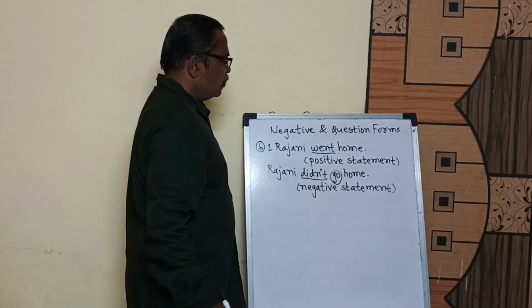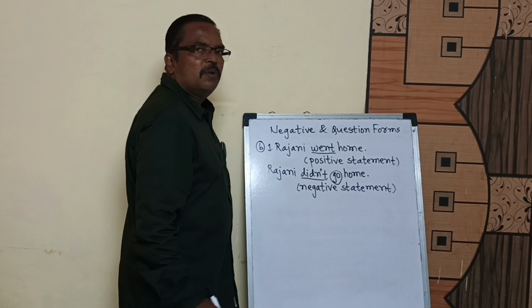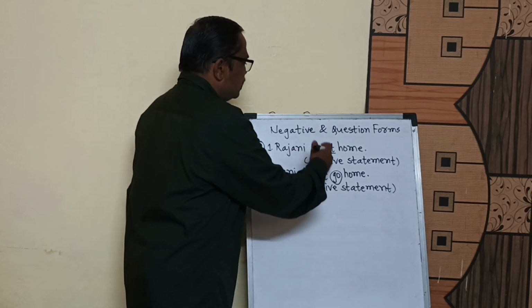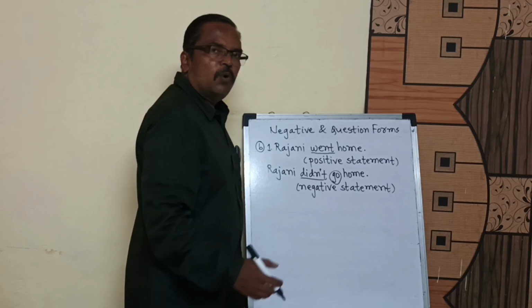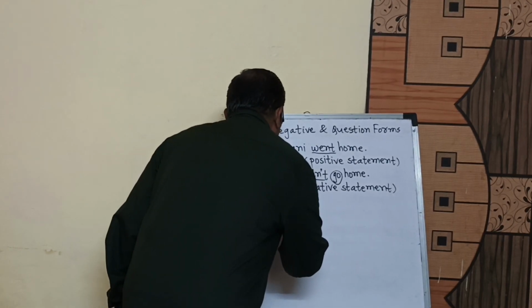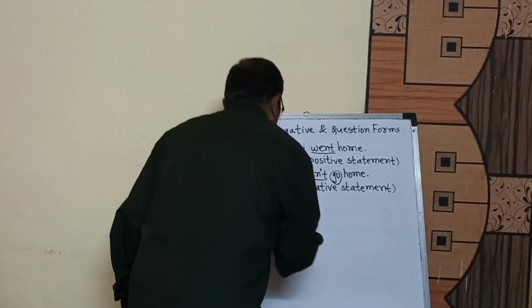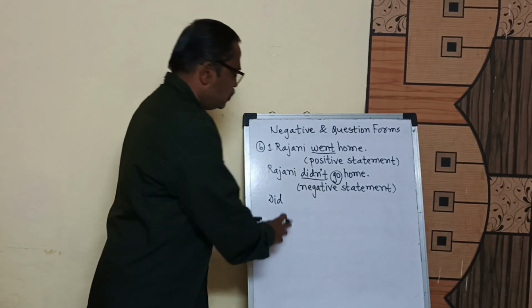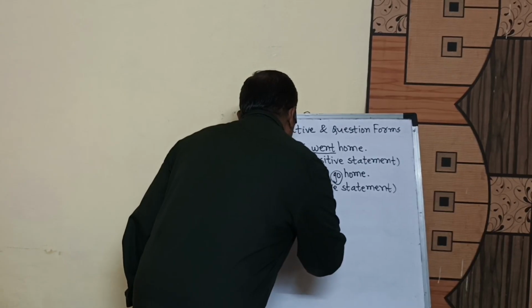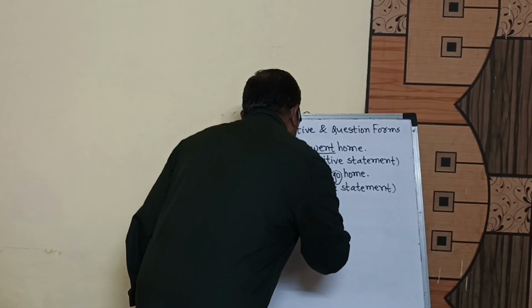Now we are going to turn this sentence, Rajni went home, into a positive question. For that, we make use of the auxiliary verb of to do, that is did. Afterwards, we write Rajni.